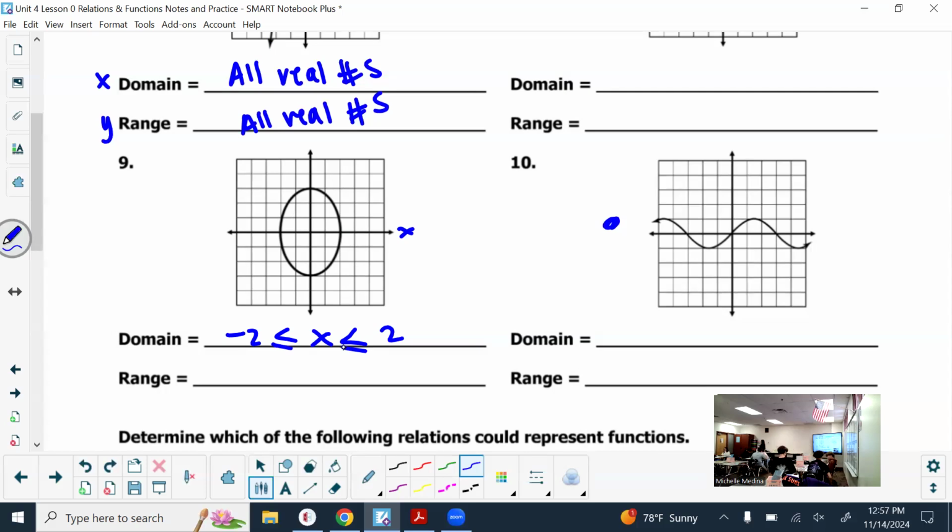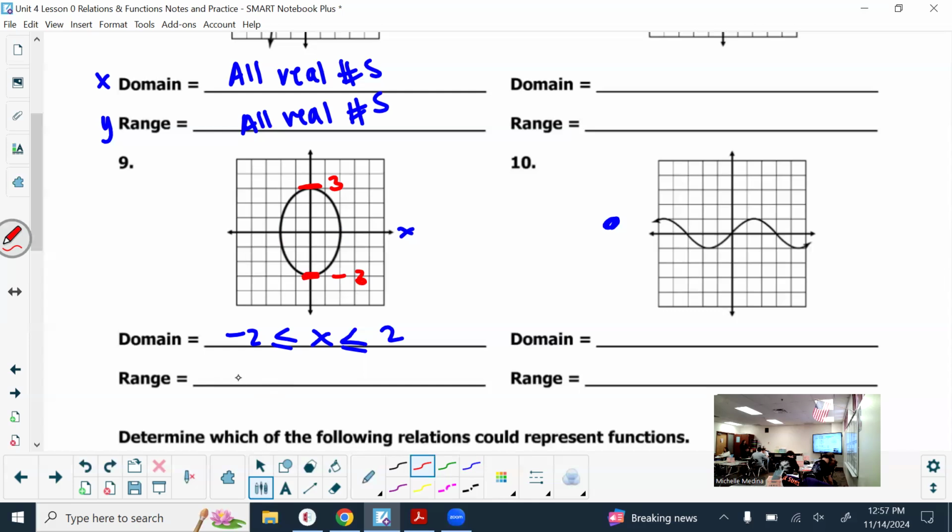For the range, check. Does it go infinitely upward? Where does it stop at on the y? Good. Does it go infinitely downward? Where does it stop at on the y? So then setting it up, it's really similar.